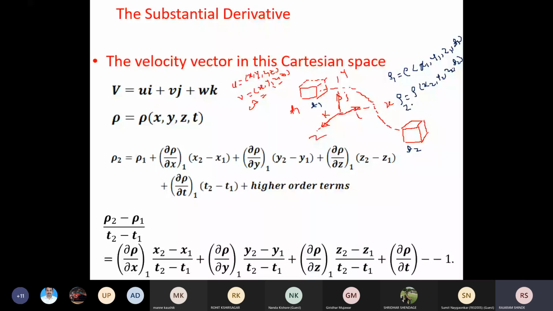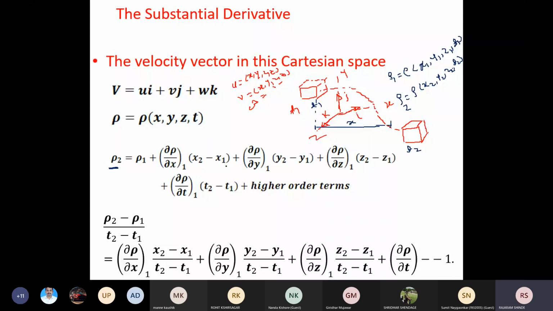Now when we write the Taylor series between these two locations, this is the equation for the Taylor series. You see here rho 2, that is the density at location 2, is equal to the density at location 1 plus the derivative of density with respect to x at location 1 into the distance in x direction, that is x2 minus x1.